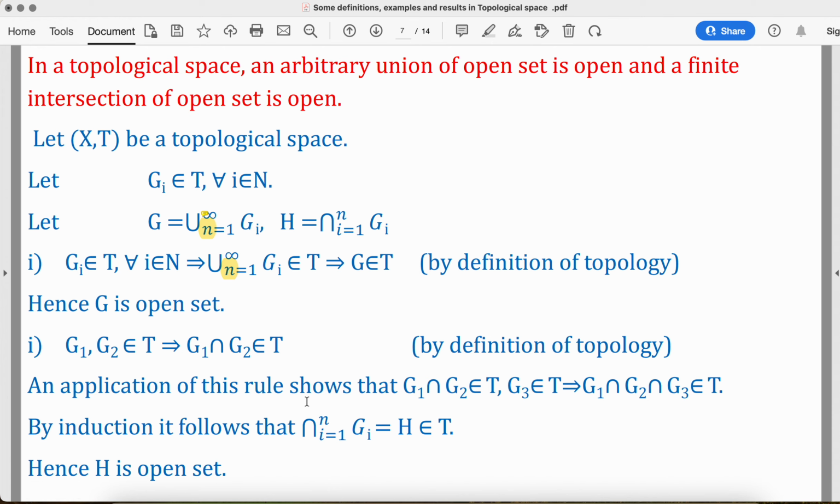So an arbitrary union of open sets is open and a finite intersection of open sets is open. This is the arbitrary union and this is the finite intersection, because we have considered i equal to 1 to n here, and here we have considered i equal to 1 to infinity.